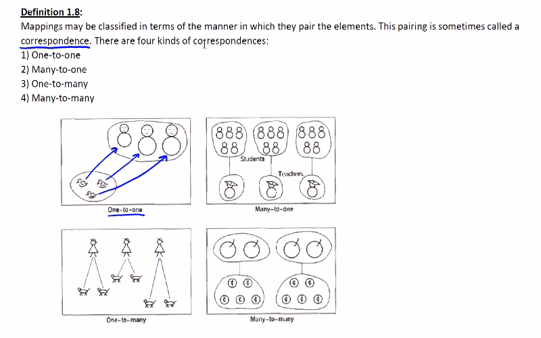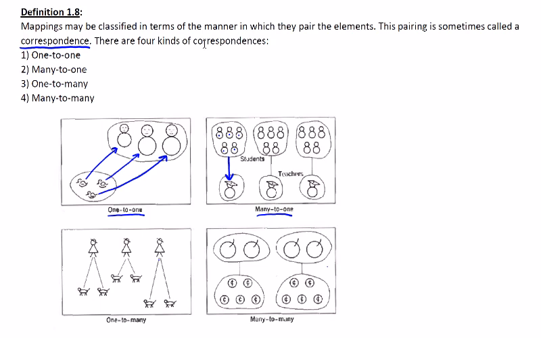Now with the next picture in the top right, we have a many-to-one type mapping. So think about sitting in a classroom, listening to a teacher or an instructor talk about some topic. And you would have all these different students that are all listening to the same instructor.